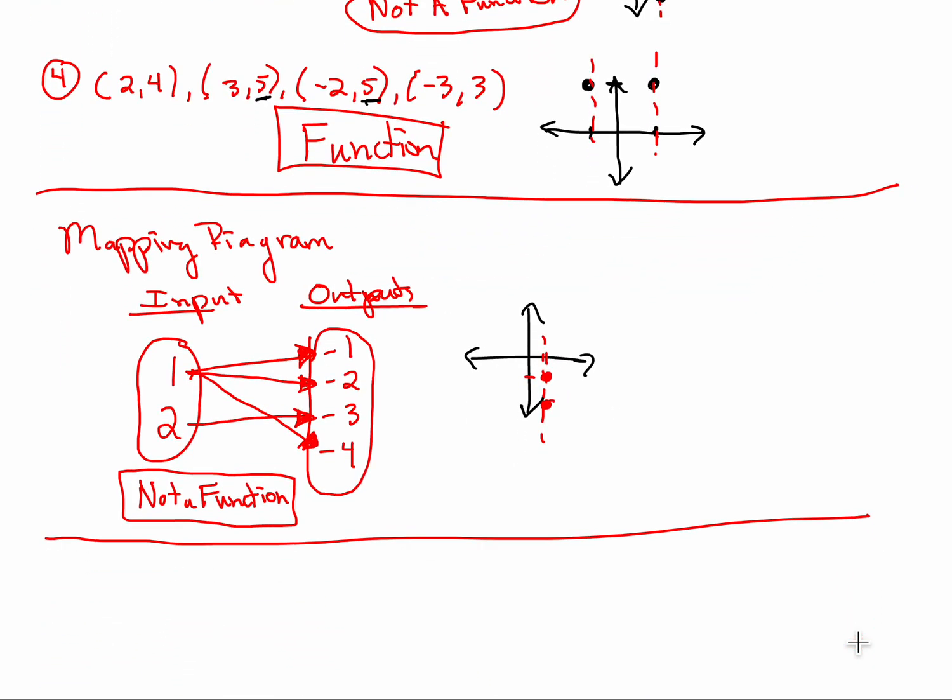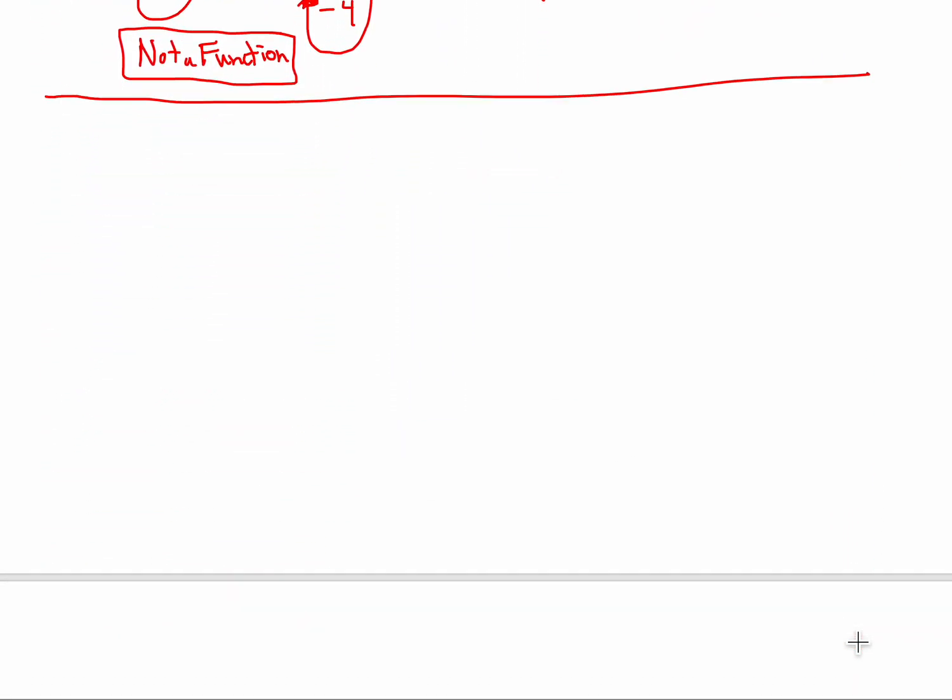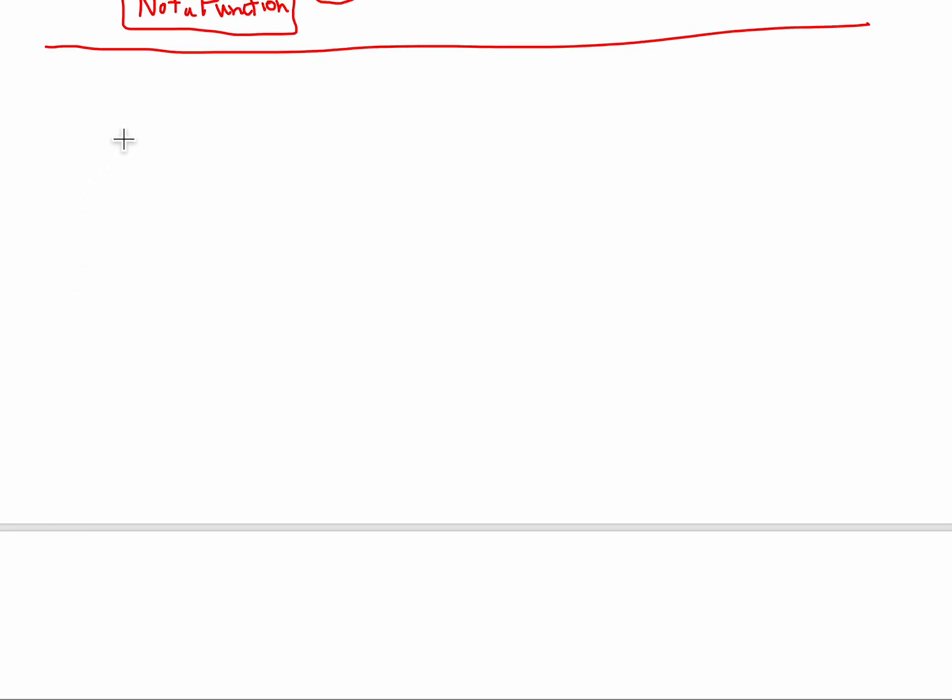Now, we might be given a table and having to do that same thing. So we're given different formats, but we're being asked that same question. Is it a function?